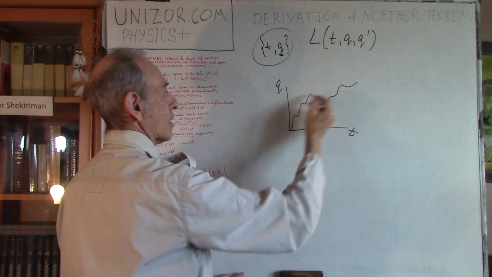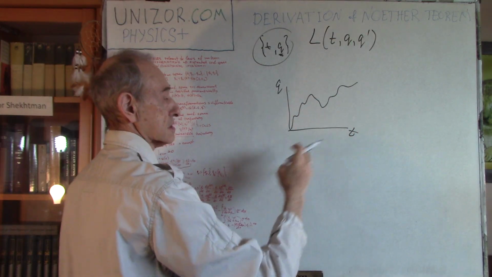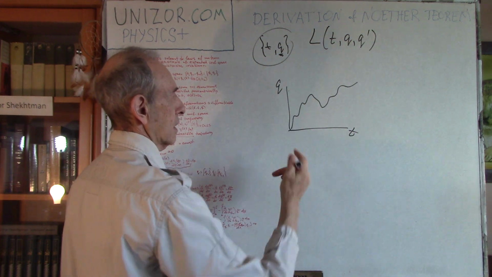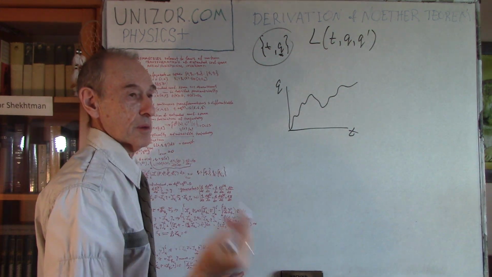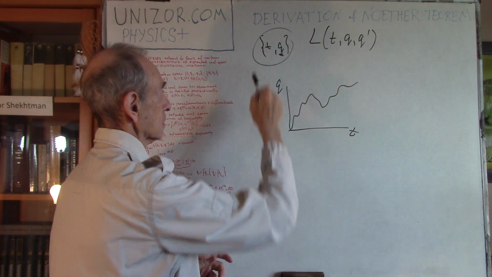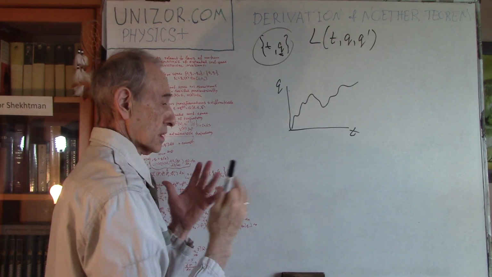So that basically represents, in this case, a two-dimensional picture, because it's one-dimensional space and one-dimensional time. So that's what I mean about trajectory in n+1 dimensional space. It's a curve.